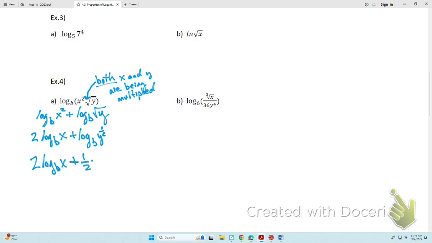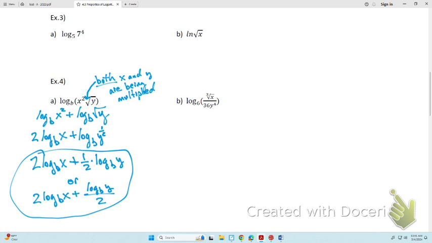There we go. That was looking really weird. 2 log bx plus 1/2 log by, which I am a-okay with you stopping right there. Or if you want to address that 1/2 a little differently, you could write it like this. Both look pretty good. You don't have to write that if you don't want to. Both are okay in my book.